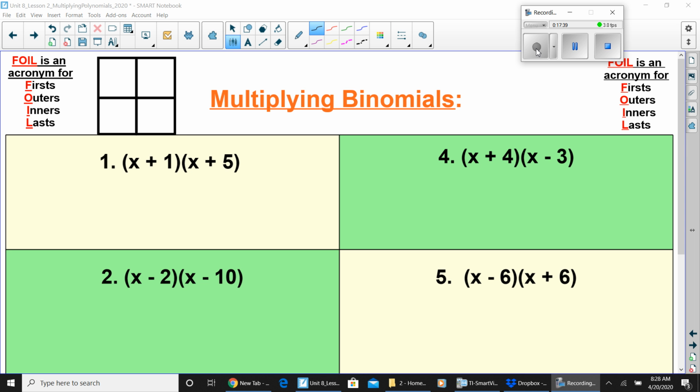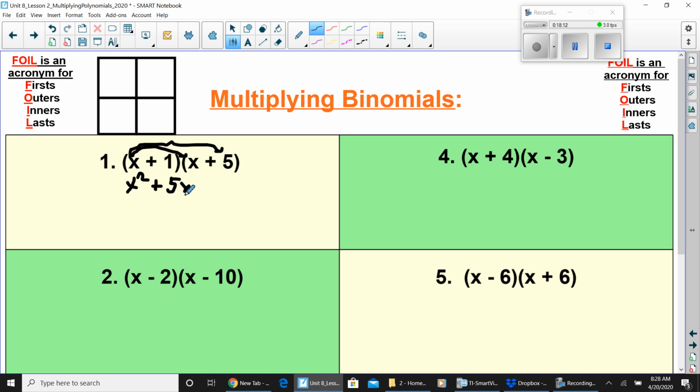Okay, first I am going to do the distributive property, just straight distributive property. So when you multiply, you're going to distribute the x to the x. That's x squared. Then, don't forget, you're on this first term here, so you're going to distribute this x to the 5. And that is x times 5, which is 5x.